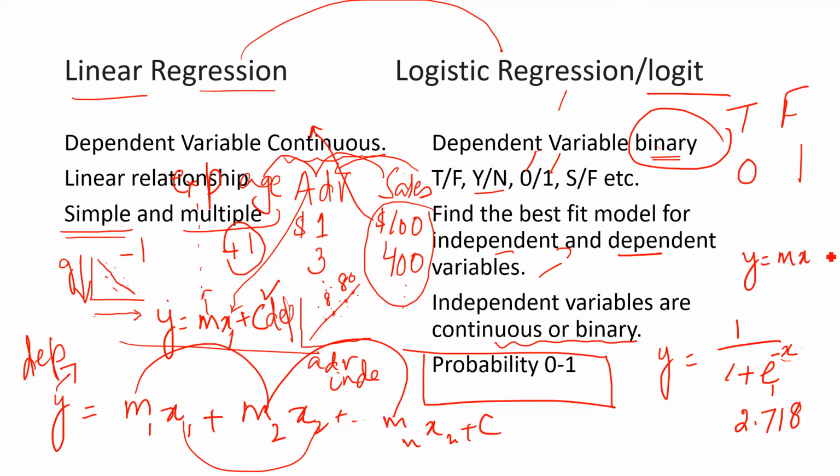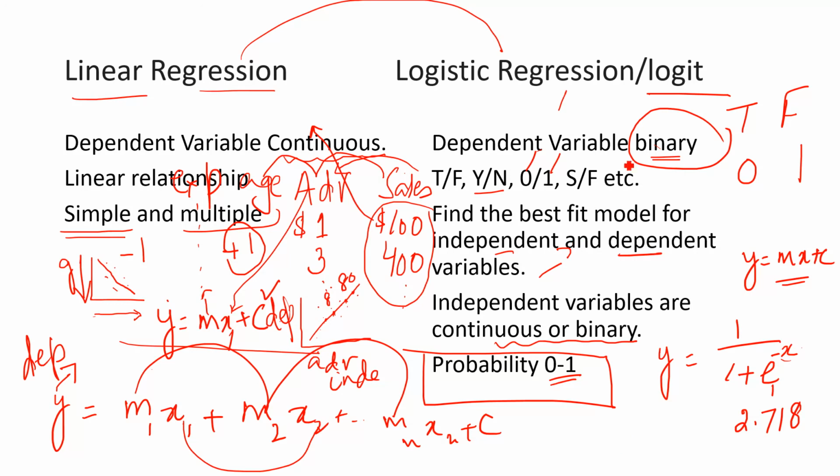The sigmoid function converts the independent variable into a probability range, which is 0 to 1, with respect to the dependent variable. We will discuss this in detail using Python programming in my next video.